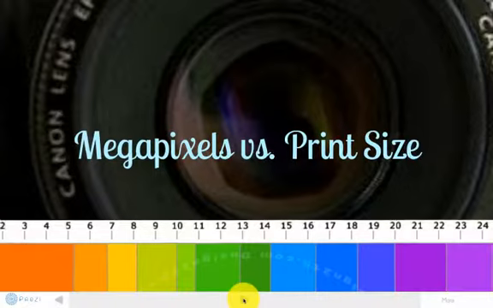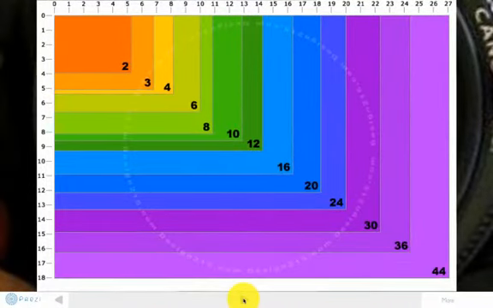Megapixels versus print size, let's talk about that. If we take a look at this chart, say you have a smartphone or just a regular camera phone and it only has maybe 3.5 megapixels. Well, the biggest size that you would want to print with a camera with that amount of megapixels is roughly about a 5x7, maybe a little bit bigger than that.